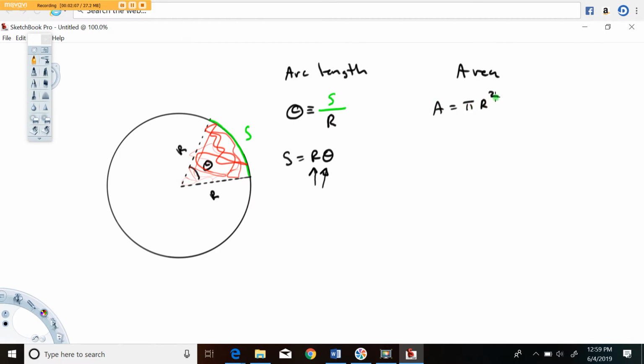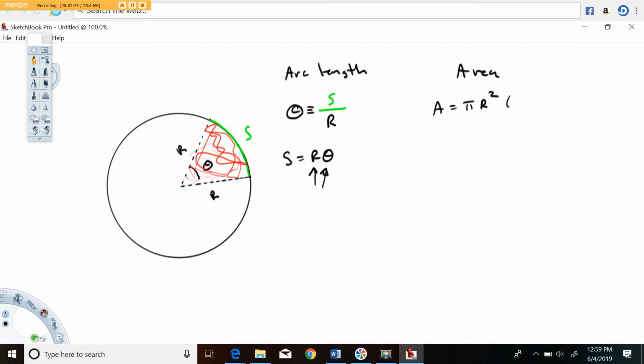Now, think about this in terms of fractions. If we wanted the area of half of a circle, we would multiply this by 1/2. If we wanted the area of a quarter circle, we could multiply this by 1/4. If we wanted an area of, say, 10% of the circle, we can multiply this by 1/10, right, and so forth.